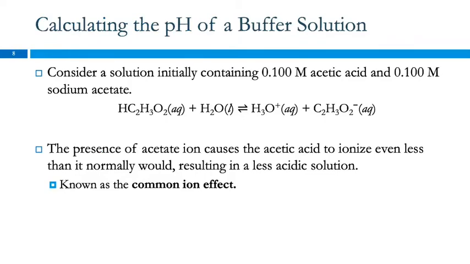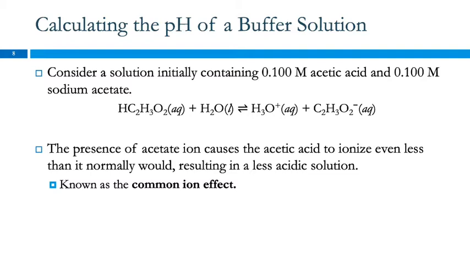So it has to be a weak acid and its conjugate base, or a weak base and its conjugate acid. They both have to be weak, yes, because if it's strong, it won't reform the molecule. It'll just stay dissolved.